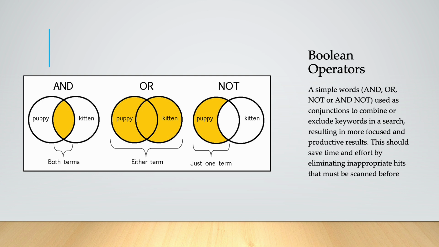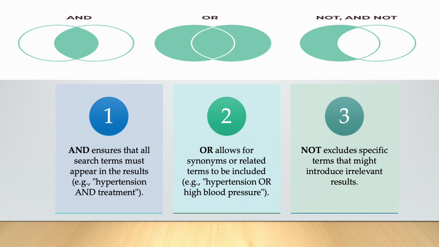I hope this is clear, because this is very important. We need to cover many variations, because in this way we cover a lot of studies in our search, so we are sure not to miss any articles, and to ensure all search terms appear in the results. For example, hypertension and treatment.